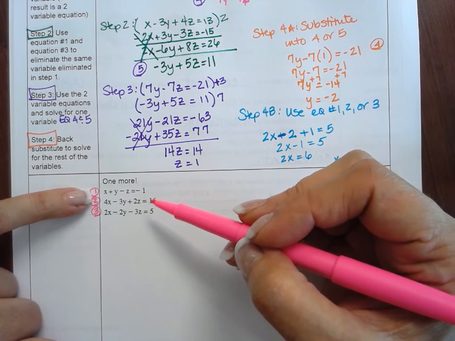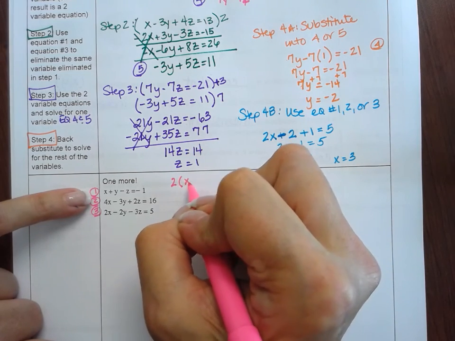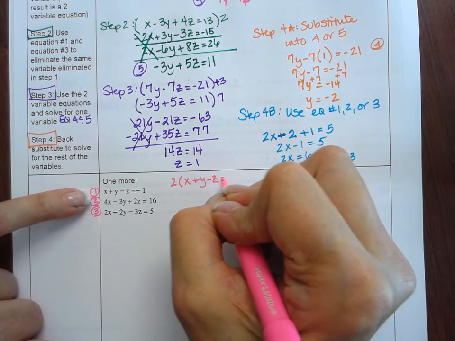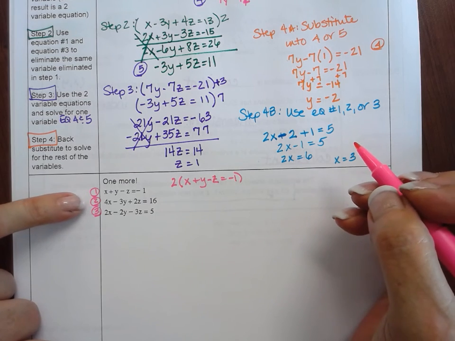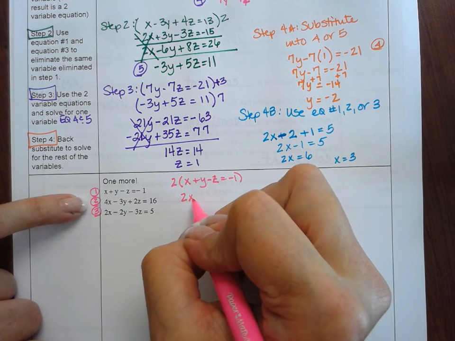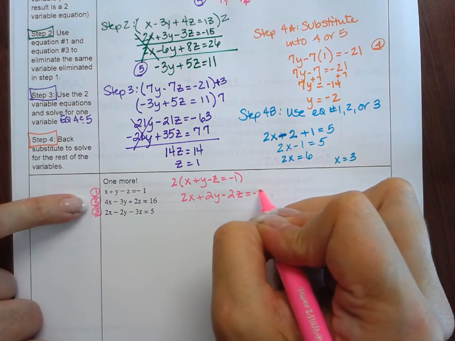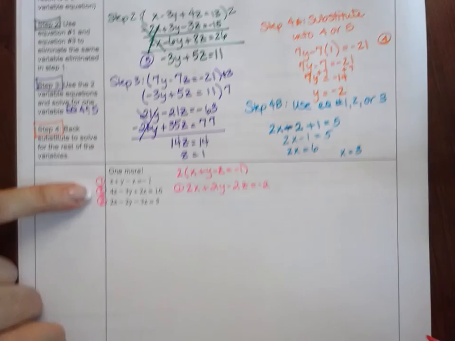You want to get rid of z? Okay. So I'm going to multiply equation 1 by 2. And so that's what 1 becomes.